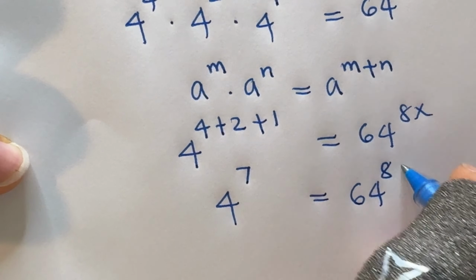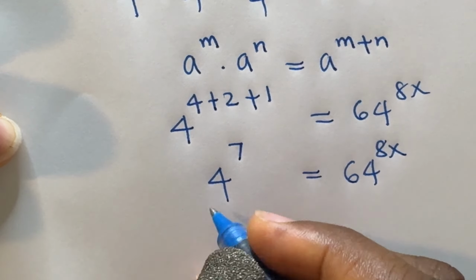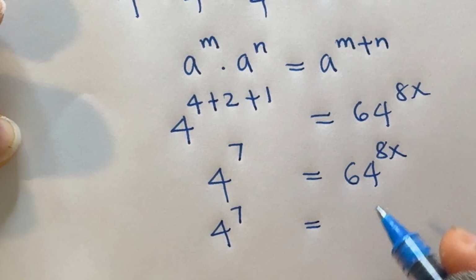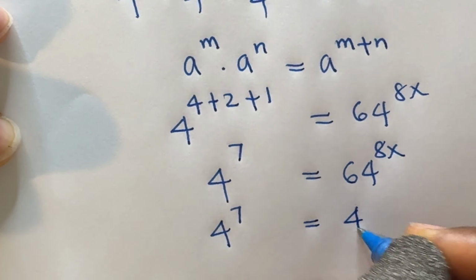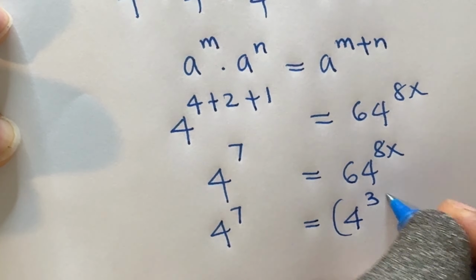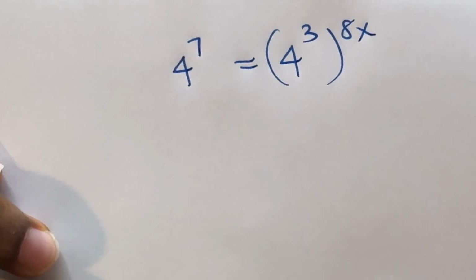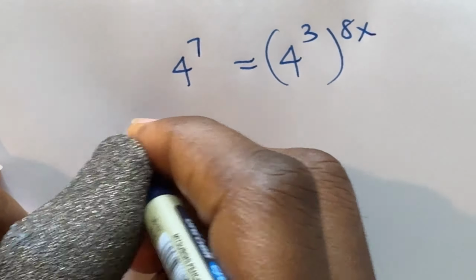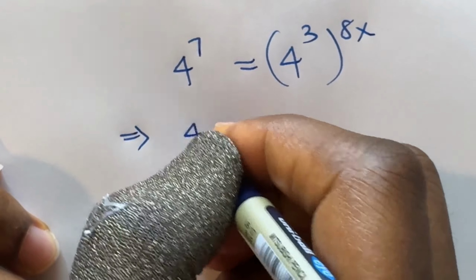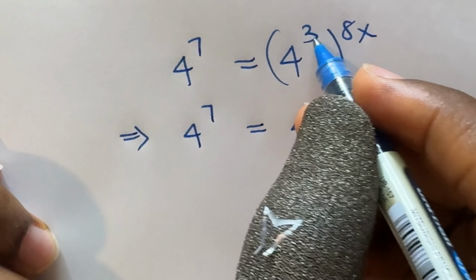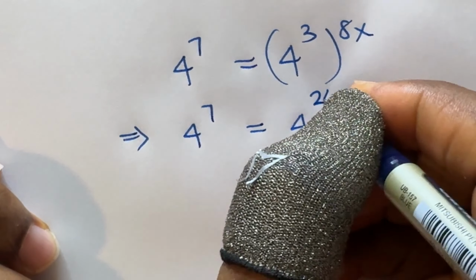So 4 raised to power 7 is equal to 64 raised to power 8x. 64 itself is 4 raised to power 3. So we have 4 raised to power 3, all raised to power 8x. This implies that 4 raised to power 7 is equal to 4 raised to power 3 times 8, here is 24x.